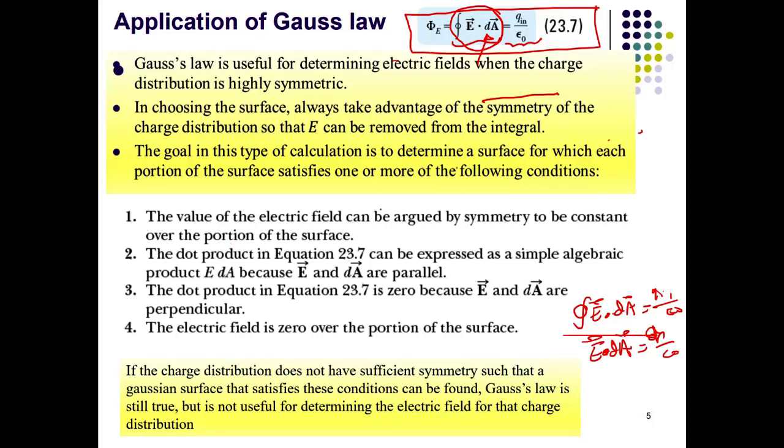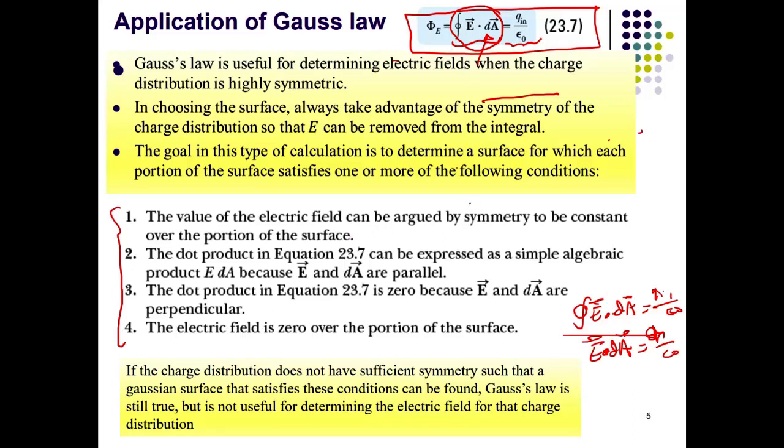In calculation, we always make sure that one or more of these conditions are applied when we use the Gaussian surface. We choose a shape of a Gaussian surface, could be spherical, could be cylinder, could be another shape, if it makes one or maybe two of the following points included.